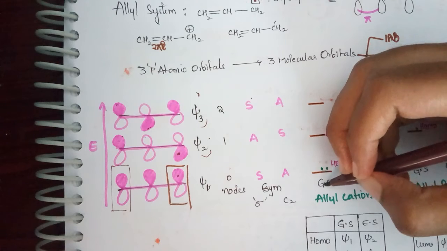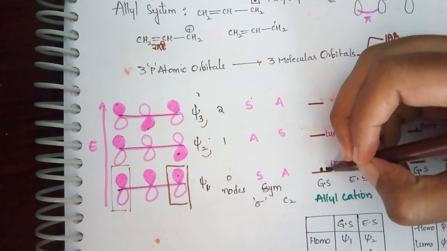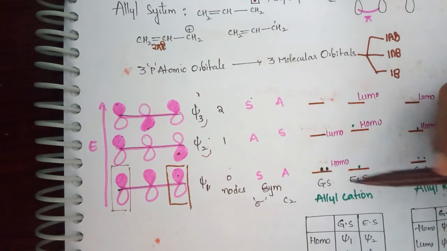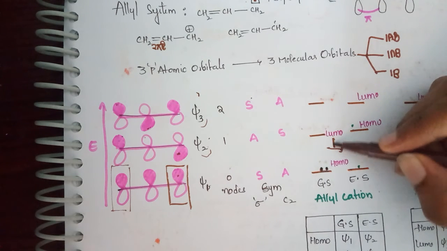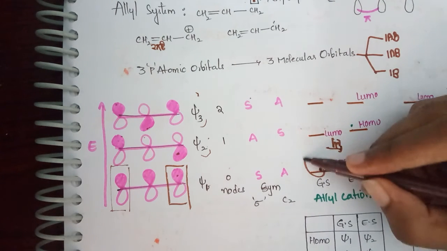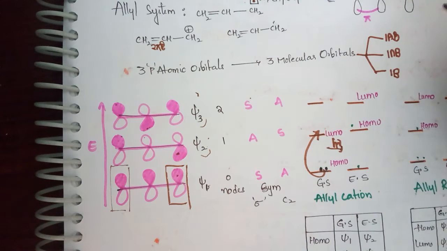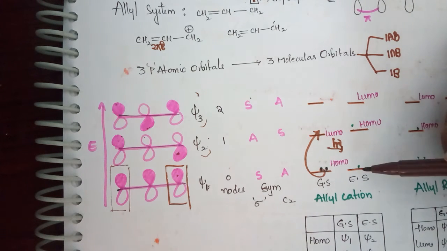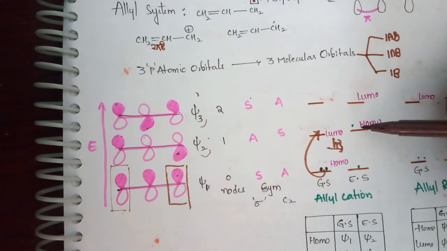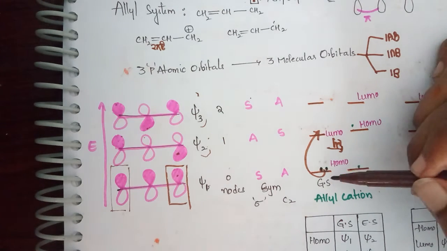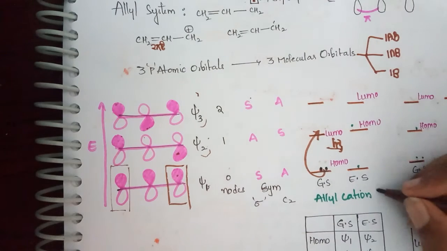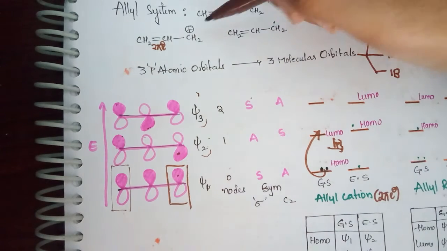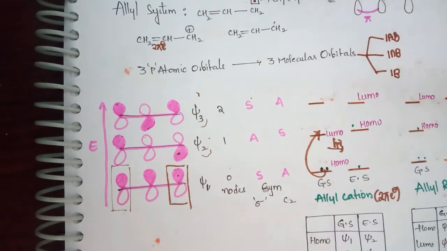The number of electrons in the ground state is 2. Now when we subject it to light, one of the electrons from the ground state jumps to a higher energy level. So here you are left with 1 electron, and here 1 more electron. The allyl cation is a 2 pi electron system.